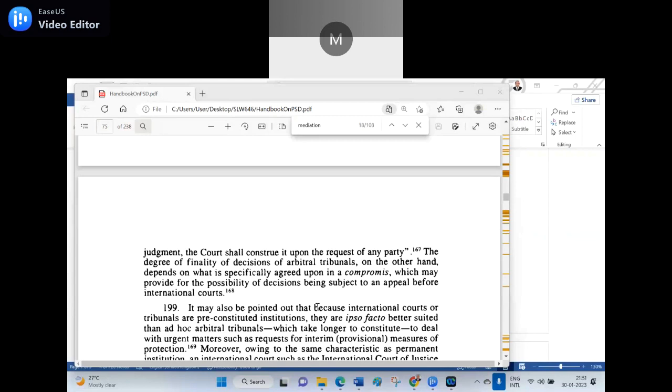Suppose they feel that there is a lacuna in understanding the substance of the provisions, at that instance they may ask for a review at the request of the parties. The International Court of Justice decision is final, but it can review its own decision.